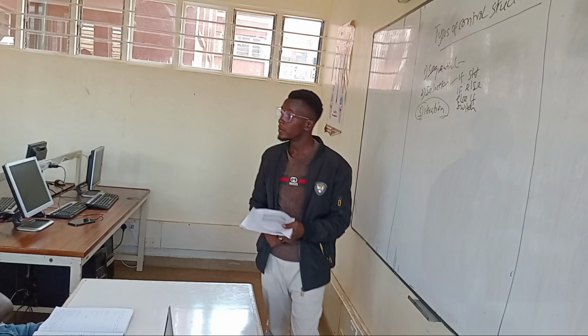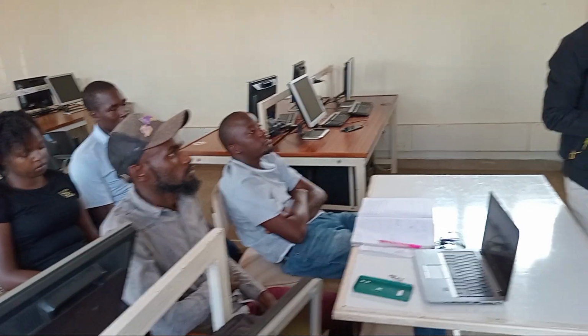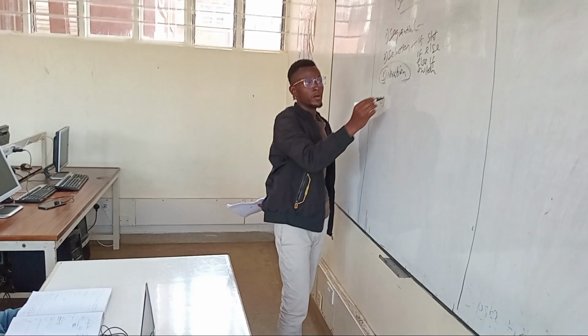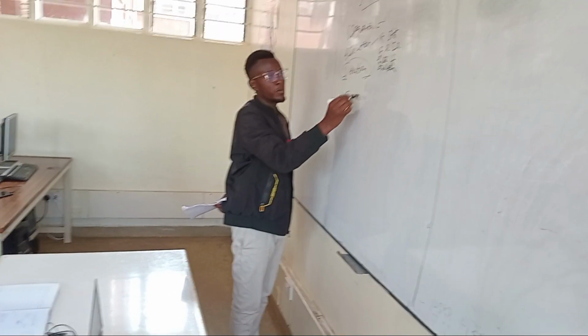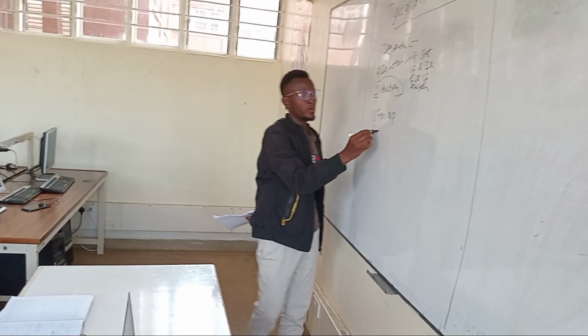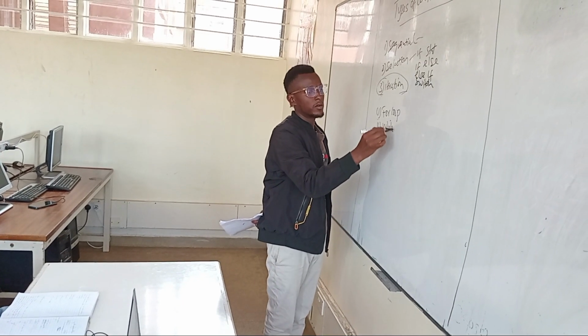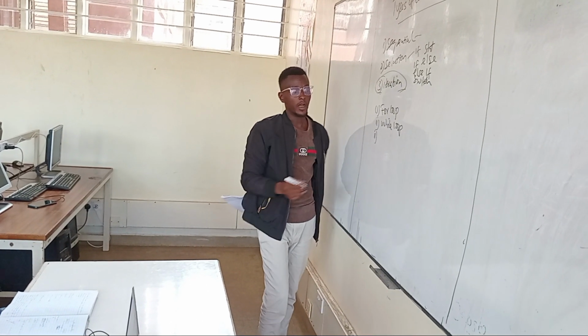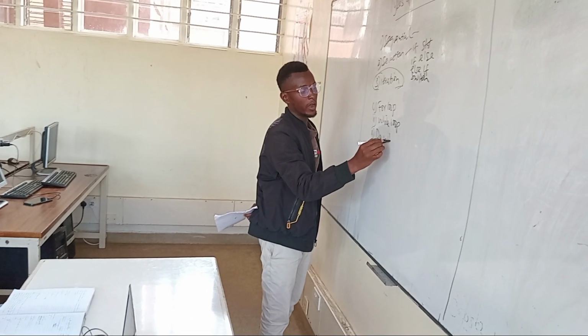How many are they? Three. One, the for loop. Two, while loop. And three, do while.